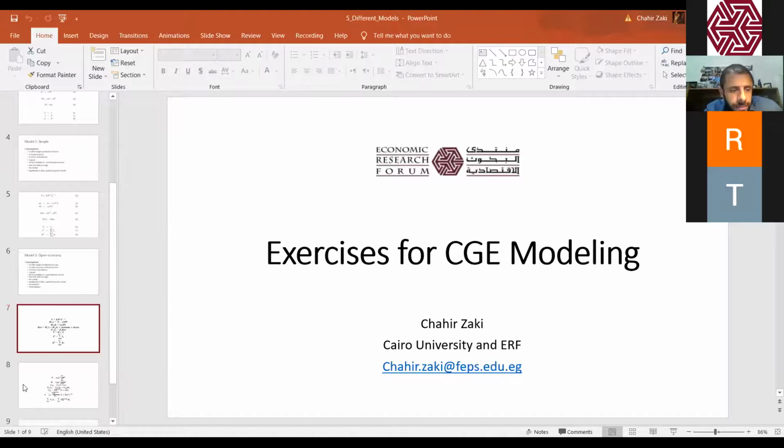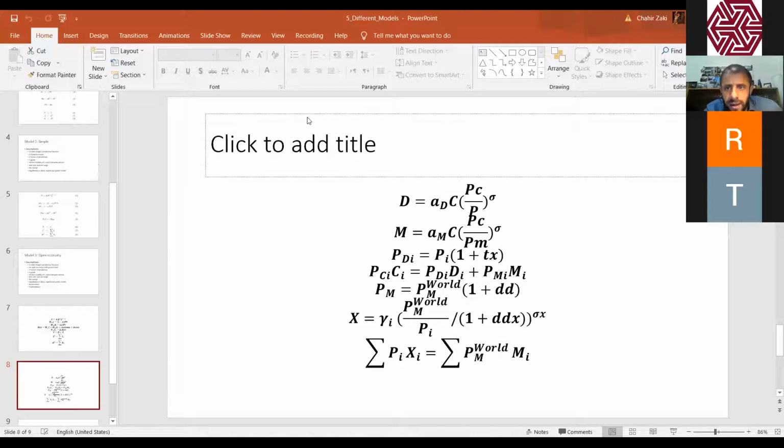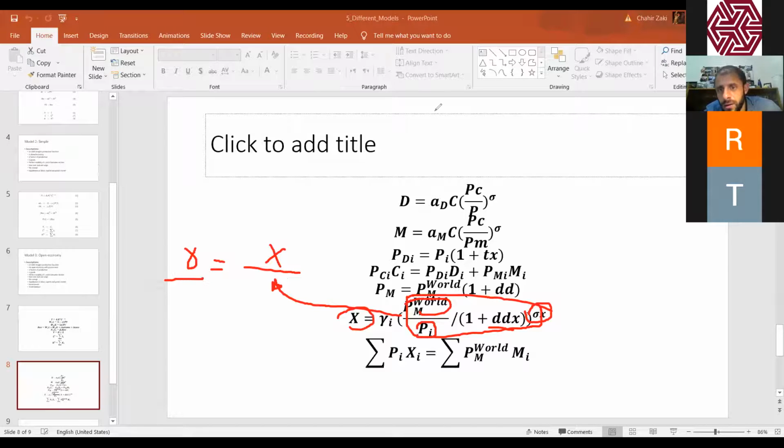So if I want to calibrate the gamma, I can say that gamma will be equal to x divided by all this bracket. Okay, so that's the value of gamma. And given the fact that sigma x is imposed exogenously, we already know the value of this and the value of that and the value of exports, then I can calibrate the gamma. And that's what we have here.